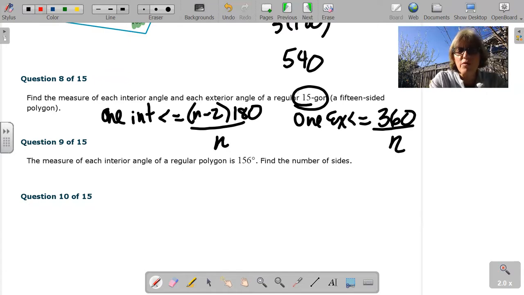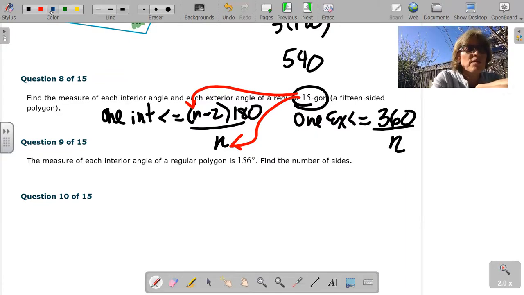In this case, the 15 is the n. So you put 15 in there and there. Over here, we put 15 going this way.